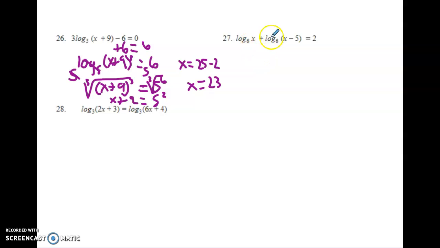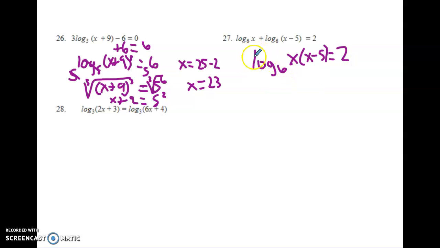Alright, now this one over here, we have log base 6, log base 6, they're being added together. I don't want 2 logs, so I want to contract those together. So we have log base 6 of x times x minus 5, and that whole thing is just equal to 2.